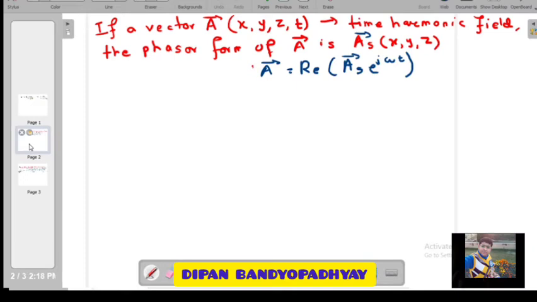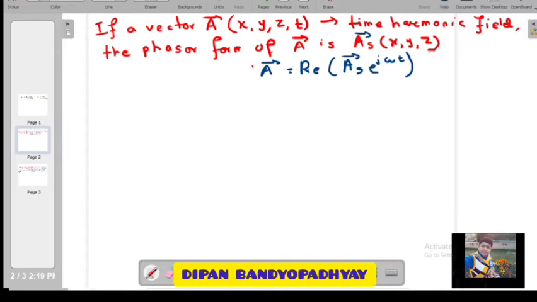It is a time harmonic field, meaning it varies sinusoidally, periodically with time. Then the phasor form of A is this. Suppressing the time factor, whatever is left is a function of x, y, z, that is, three-dimensional space. So the phasor form is only space dependent.